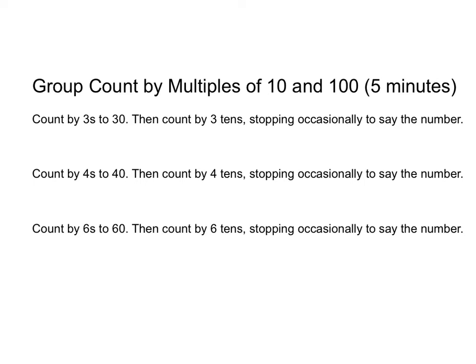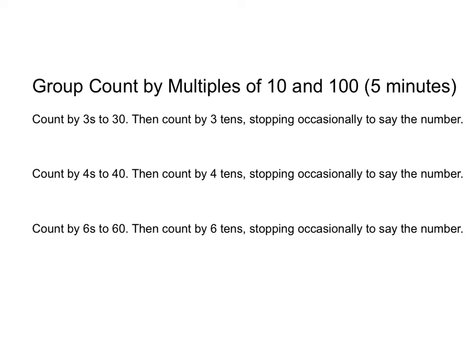So 3 tens, 6 tens, 9 tens, and what is that number? 90. 12 tens, 15 tens, 18 tens, 180. 21 tens, 24 tens, and what would that be? 240. 27 tens, and 30 tens, which would be 300.